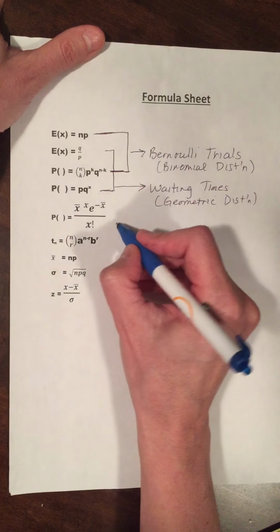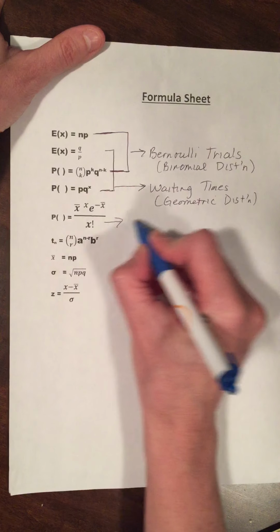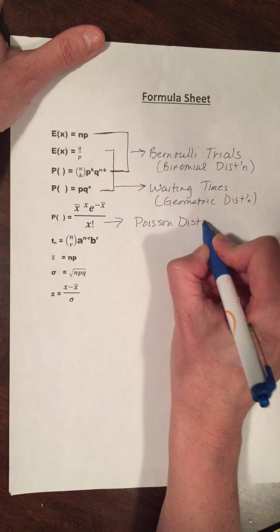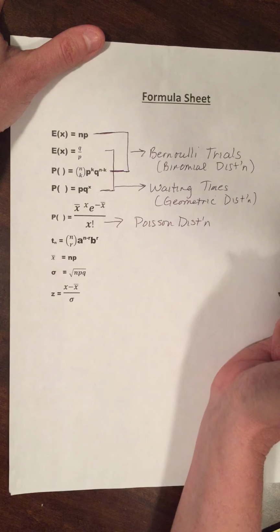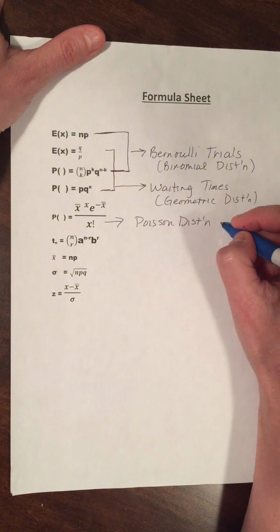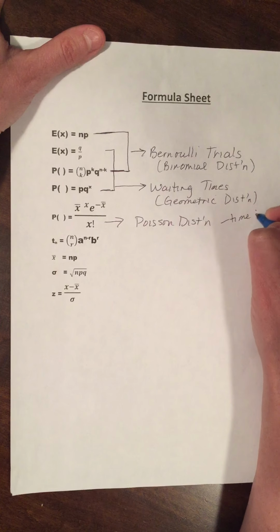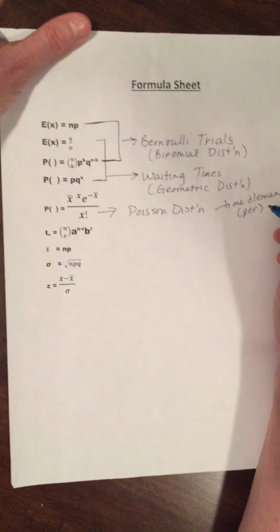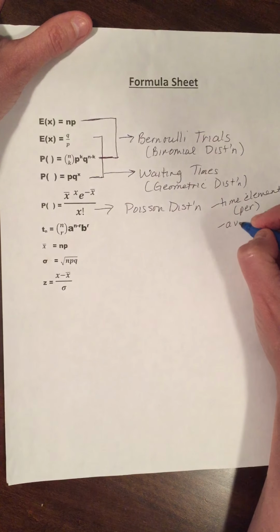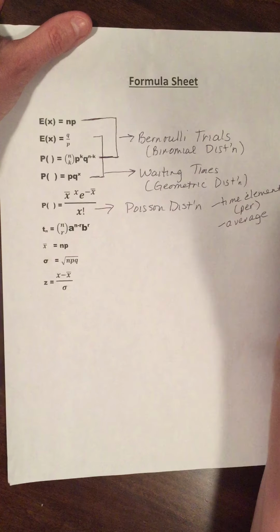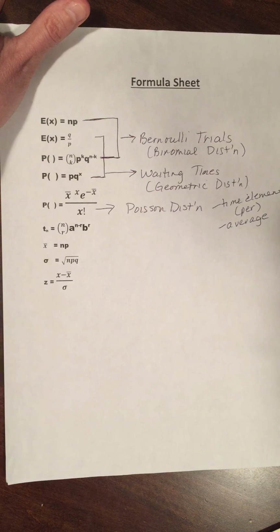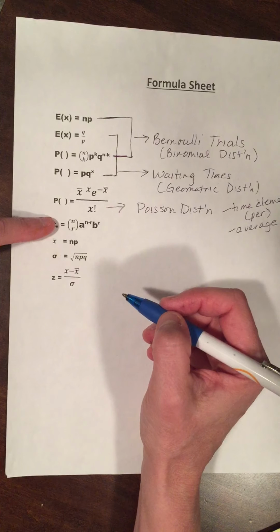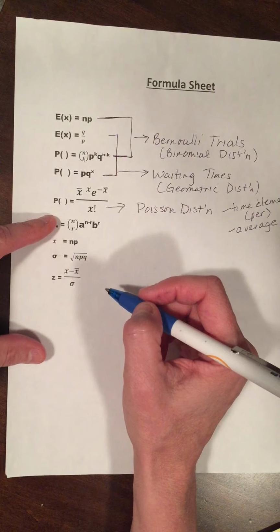Our fifth formula is our Poisson distribution formula. And remember, with Poisson, there's a time element, and we'll put in the word in brackets, we'll put the word per, and there always is an average. Okay. The last three formulas, I haven't forgot about this guy, don't worry. Okay, I haven't forgot about him.